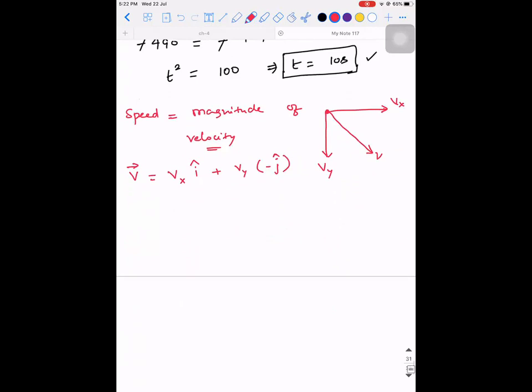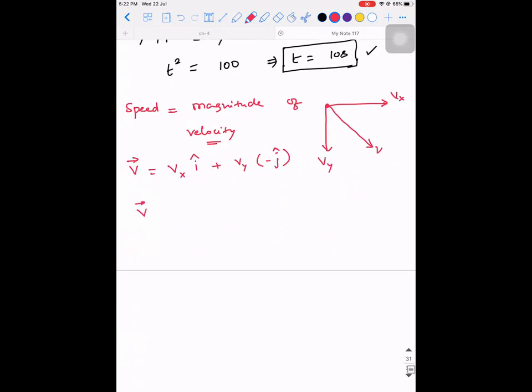Now, when they ask you the speed, the magnitude of a vector is root of Vx square plus Vy square. If you recollect, if there is any vector like x i cap plus y j cap, the magnitude of the vector is given as root of x square plus y square. I applied the same logic. In the place of x, you have Vx. In the place of y, you have Vy. That's it. Root of Vx square plus Vy square.